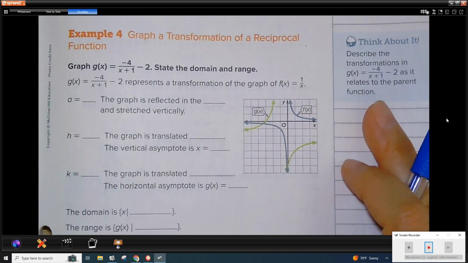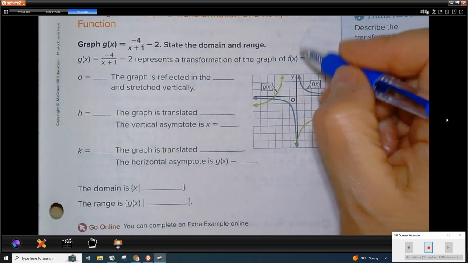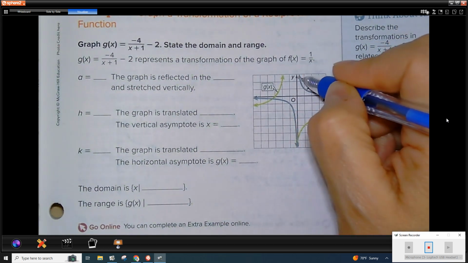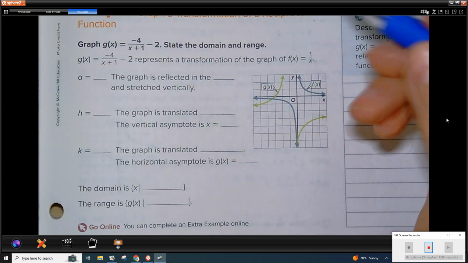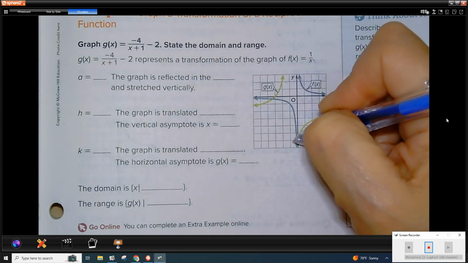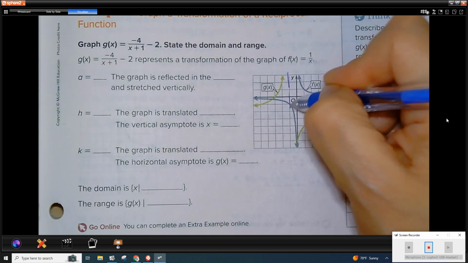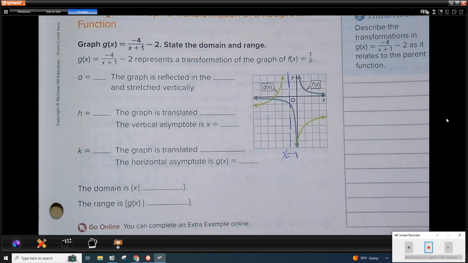This one they gave you the graph and the function. So right here looking at the graph, I'm looking at the light green one, which is the transformation. So the light green one does not pass this, which is x equals negative 1. That's your vertical asymptote.